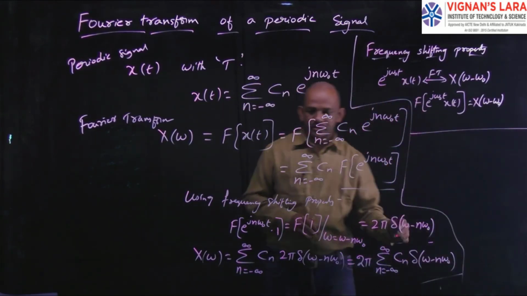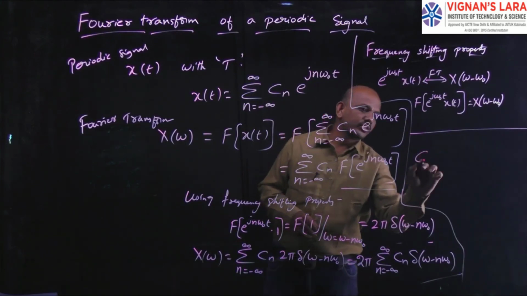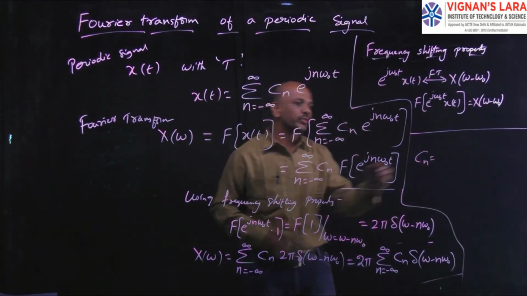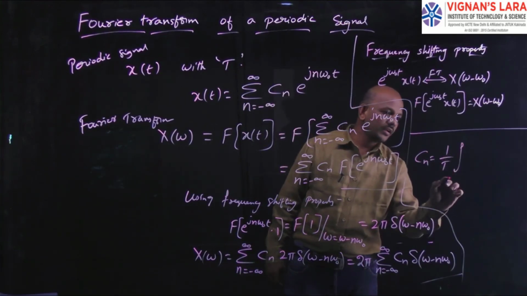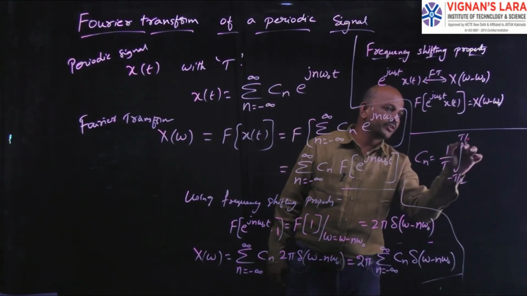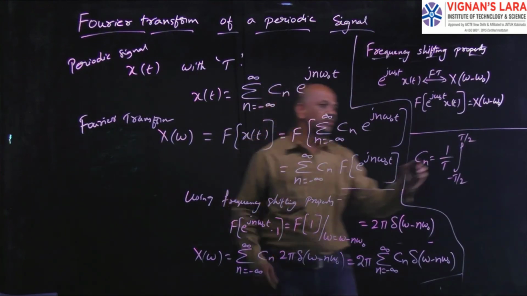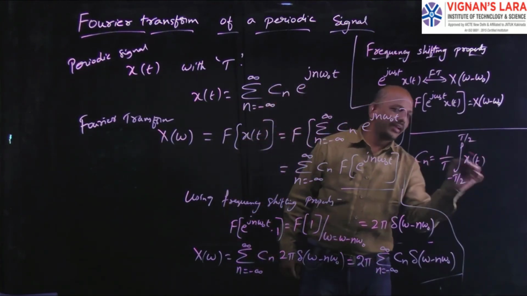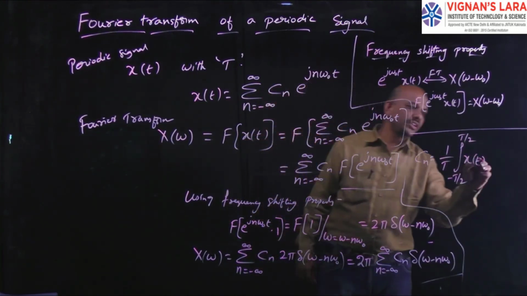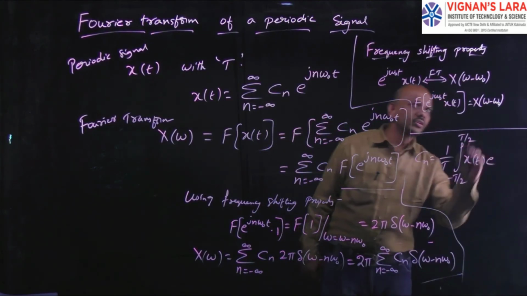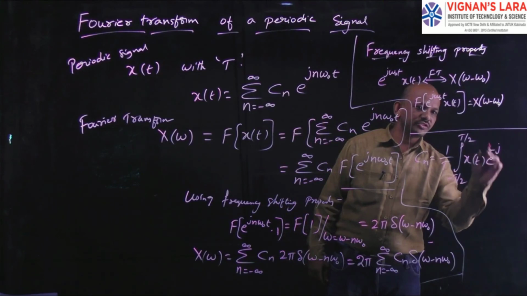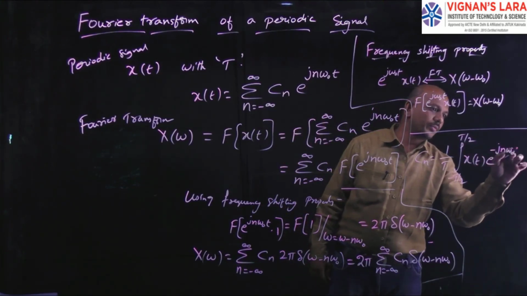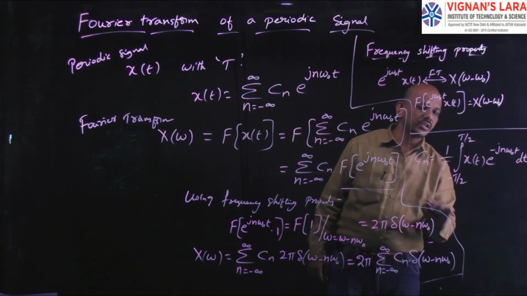The value of Cn will be equal to 1 by T integral minus T by 2 to T by 2 x of t into e power minus j n omega naught t dt.